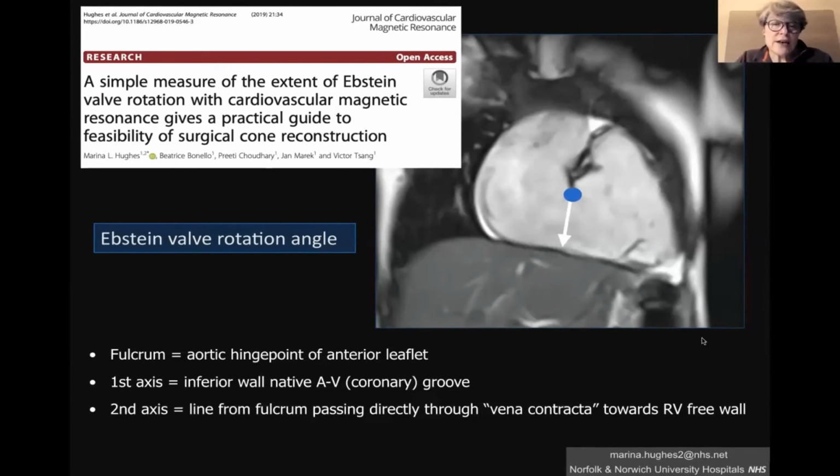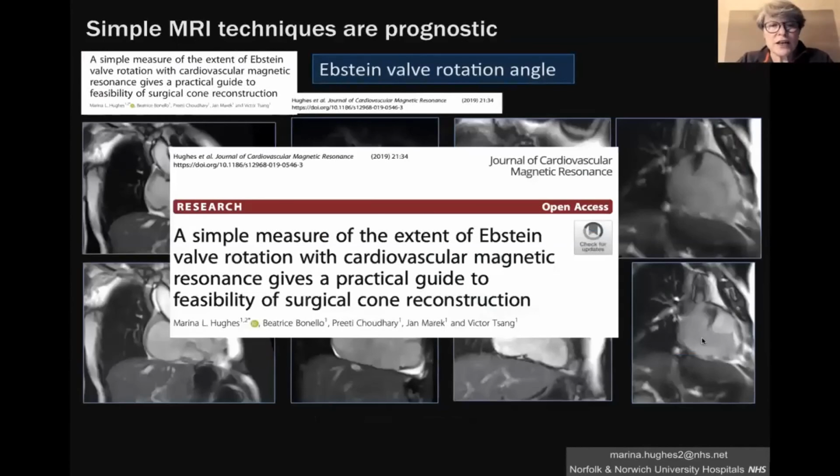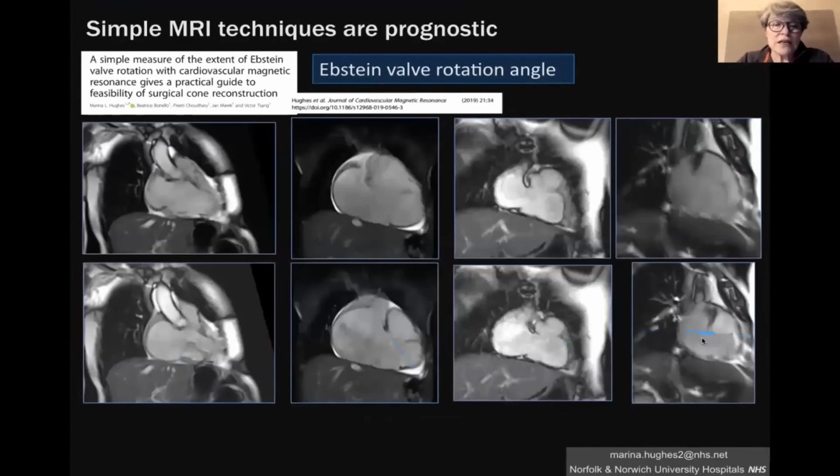So the rotation angle is actually an angle from the aortic hinge point of the valve around to the systolic coaptation margin of the valve during closure. And this angle, which we'll call the Ebstein valve rotation angle, actually gave a very nice prediction, a very clear prediction of the success of the cone procedure for different patients.